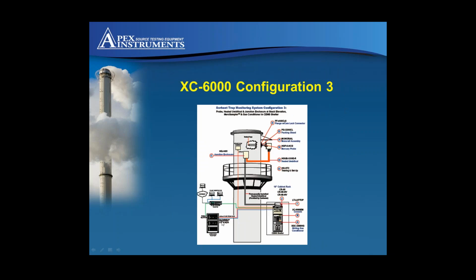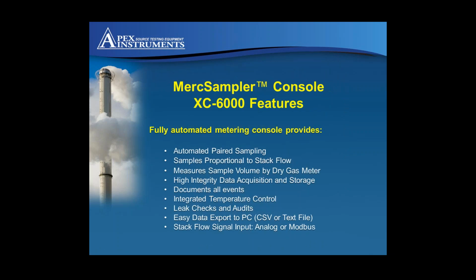And then the third configuration, this is more common within the cement industry where they don't normally have stacks which are capable of handling the size of the console. So the Mercury sampler console, there are some of the features of what's contained in there.